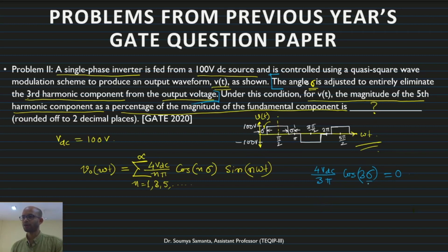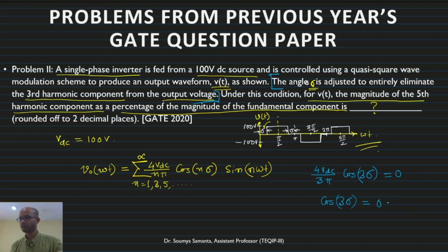So for that, what will this angle be? That we have to find out. Therefore, we can say cosine of 3 sigma will be equal to 0. So we can write this as cosine of pi by 2.